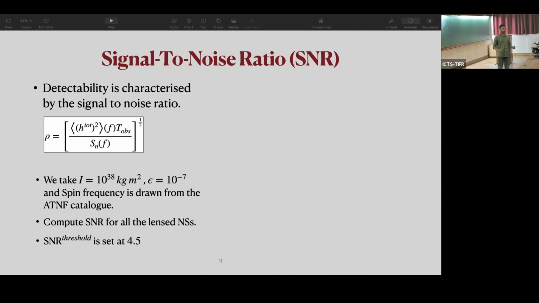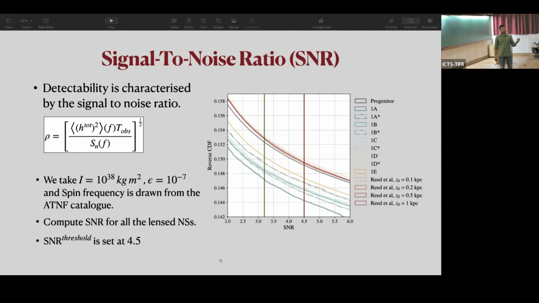You should realize that our galaxy is just one realization of this million iterations. We set the SNR threshold to be 4.5. That has a different significance in itself, but it's too technical to get into that detail. You see the reverse CDF of the SNR.